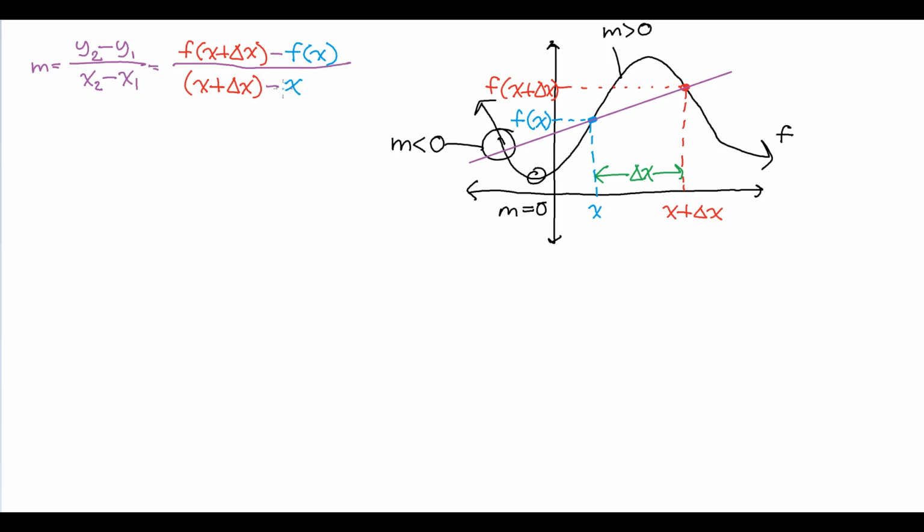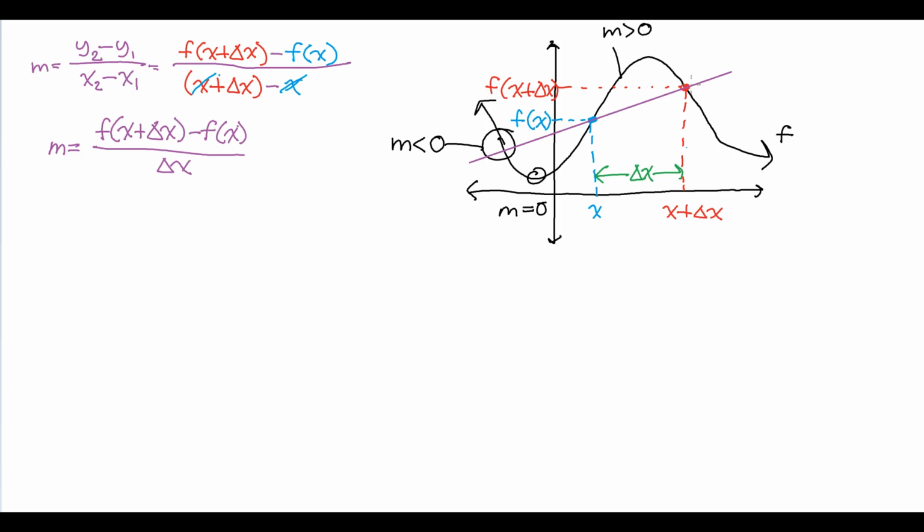So the change in y over the change in x. So the x's just cancel, and we get the slope equal to f of x plus delta x minus f of x over delta x.